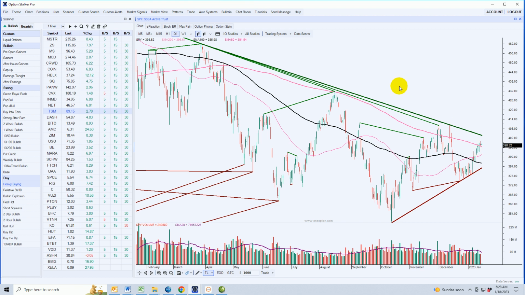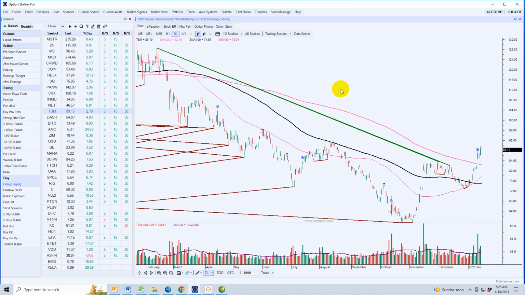Earnings season is just starting to unwind right now, and TSM is telling me that there is a really nice breakout happening, and it's above the major moving averages, and the reaction to earnings was excellent. Big volume. Love it. Watch for trend lines. They're coming to Option Stalker very soon. Trade well.